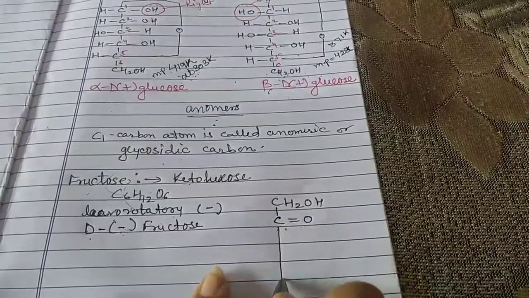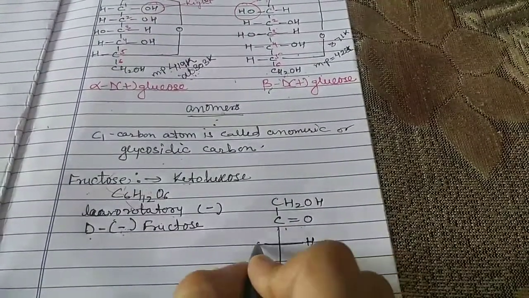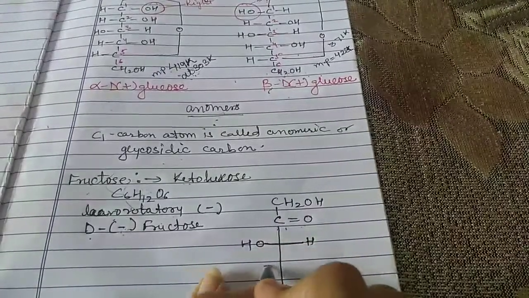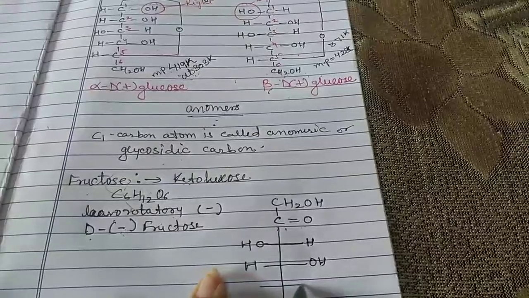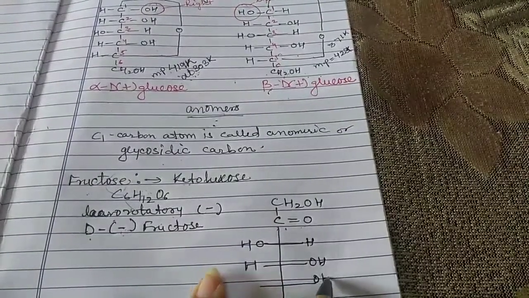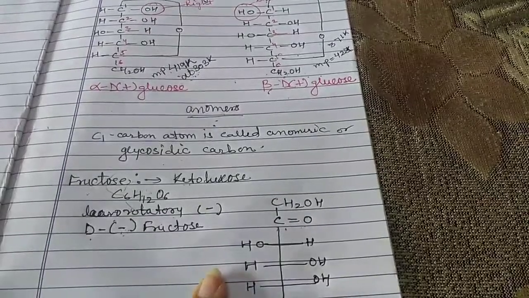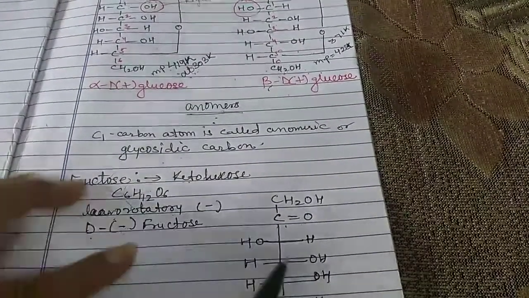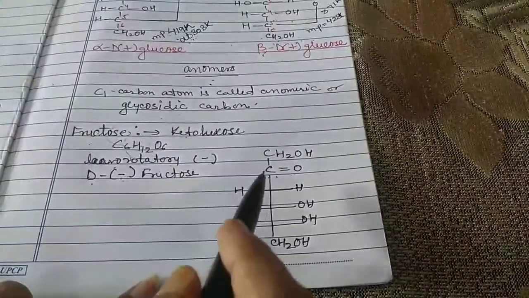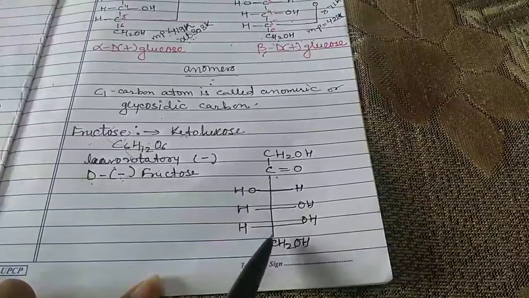The rest is: this is one carbon atom, then H, OH; then OH, H; then OH, H; and the last one is CH2OH. All the carbon atoms here are in the form of a straight chain, that is 1, 2, 3, 4, 5, 6.